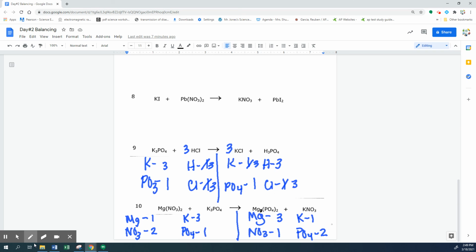So magnesium, I noticed, is not balanced. So it's 3 on one side and 1 on the other side. So I'm going to put a 3 in front of it. That changes my magnesium to 3. It also changes my nitrate to 6.